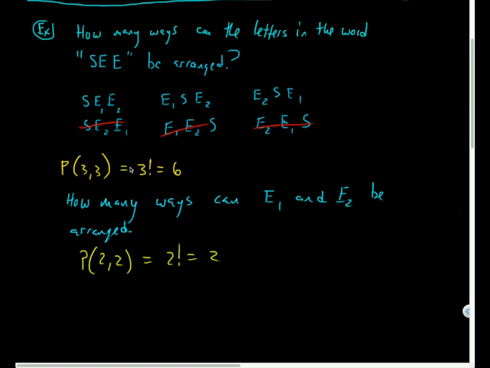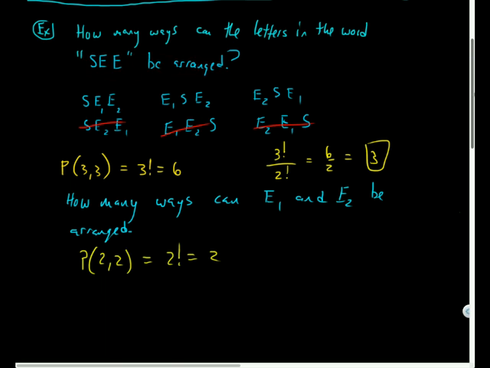This doesn't actually answer it unless the E's were distinct from one another. The way I would do it is 3 factorial over 2 factorial, which is 6 divided by 2, and I get 3 unique answers. So I have to divide by the number of ways I can arrange the repeated element in the problem.